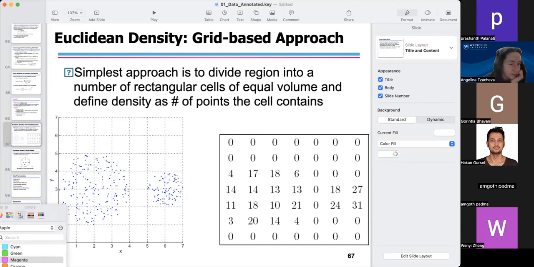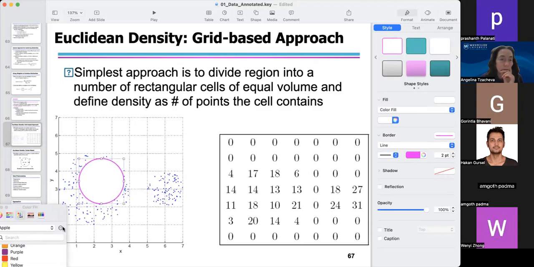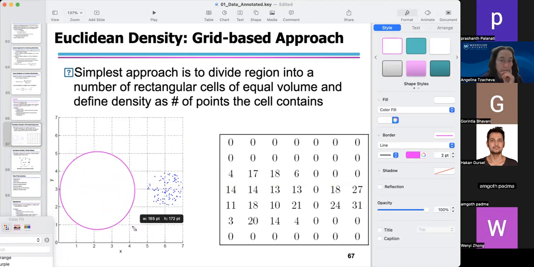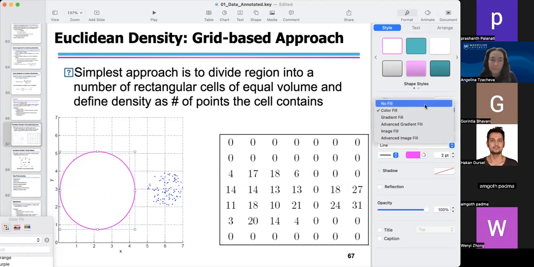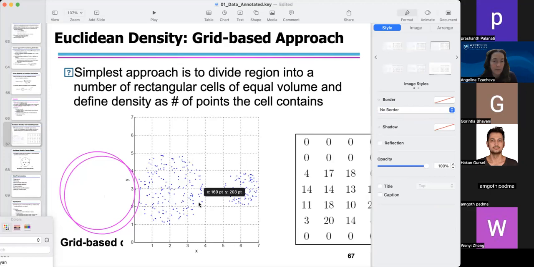So let's spend just a minute here to think about why we would call this here a cluster. There's one cluster here, and then there is another one over here.